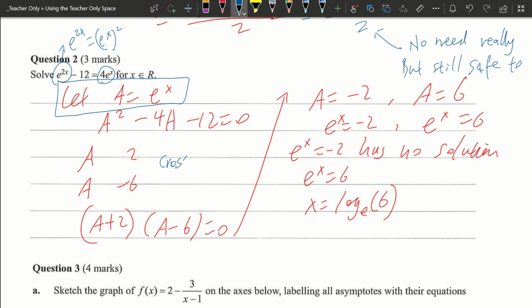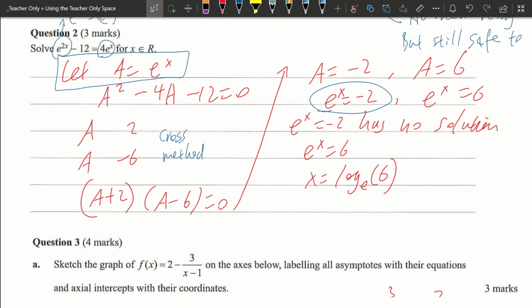Here I've used the cross method, factorize it, and find my answer for a, convert a back to e to the power of x, and of course one of them leads nowhere because it doesn't make sense. e to the power of x can never be a negative number, no matter what x is. e is Euler's number. And so that can be discarded, and we are left with the final answer: x is log e of 6.